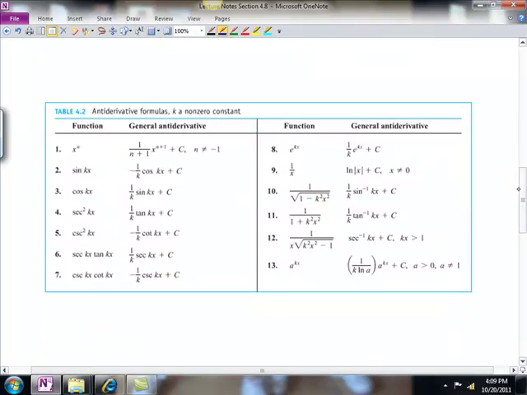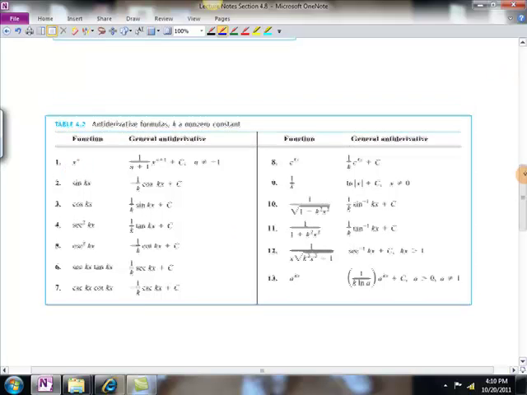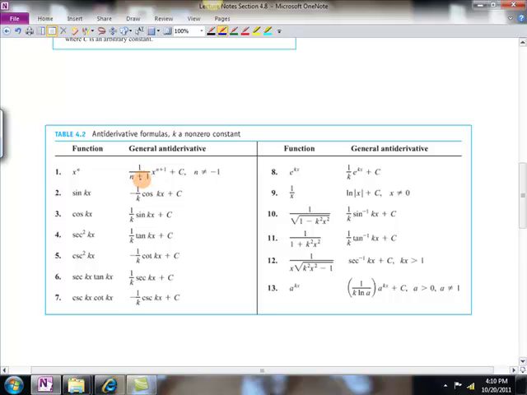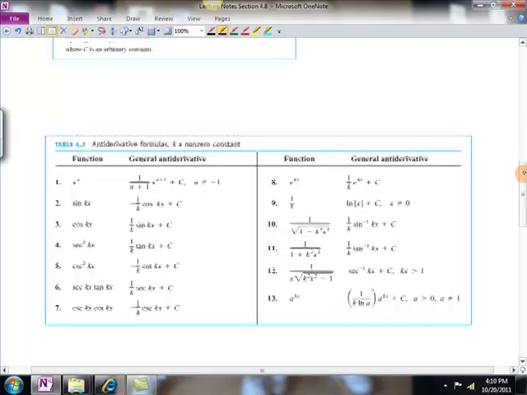All right, here's a part, and you actually have another sheet that has rules, but this one's great, and you could print this, but this is going to give you the rules for finding antiderivatives. So when you have x to the n, the rule says it's 1 over n plus 1 times x to the n plus 1. Let's see how that works.